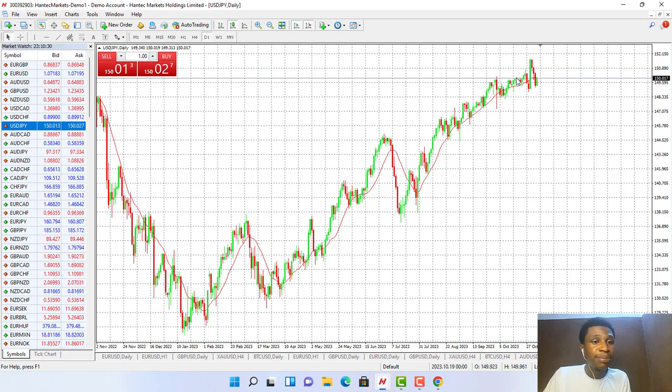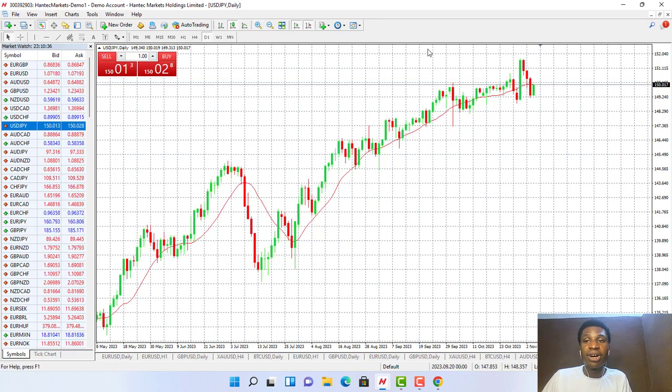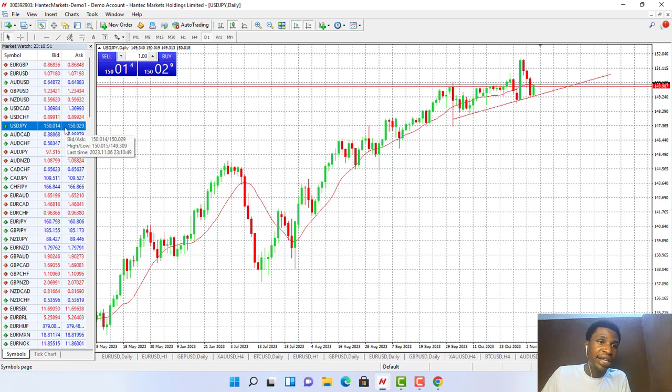So USD JPY is a buying market. All you have to do is to wait for the market to break above the resistance zone. When it breaks above the resistance zone, it gives you a confirmation for a buy. You can now go in for a buy in the market.